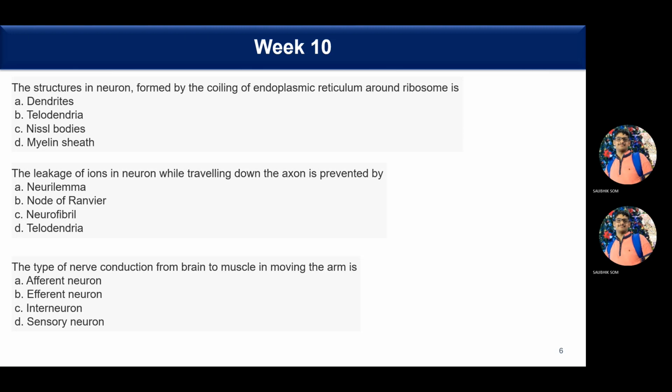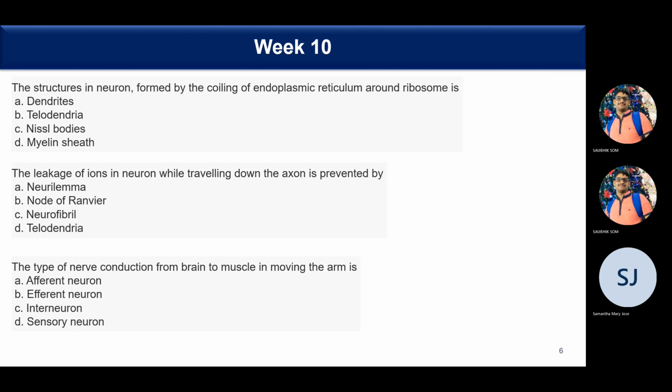The structure in a neuron formed by coiling of endoplasmic reticulum around the ribosome is dendrites, telodendria, Nissl bodies, or myelin sheath. These are Nissl bodies.